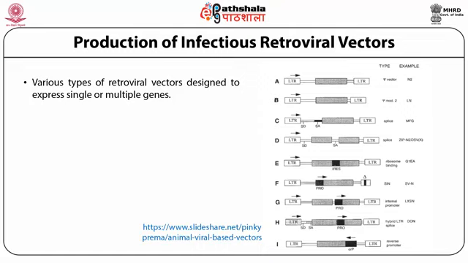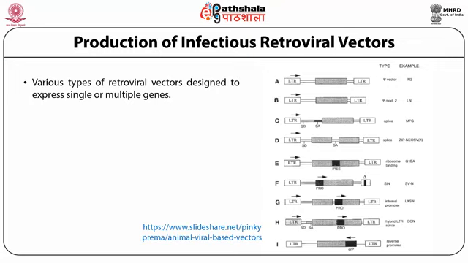Different steps are listed in the figure, which shows the preparation or designing of these vectors using different genes. In figure A, we have the type of vector which is commercially known as N2.